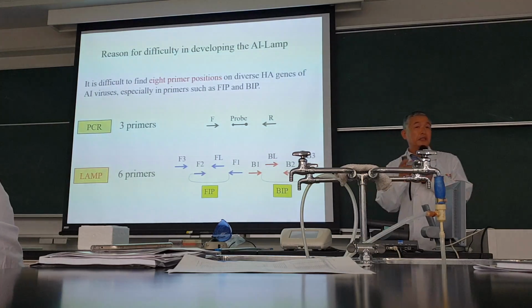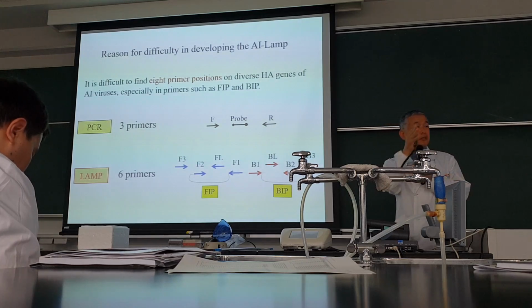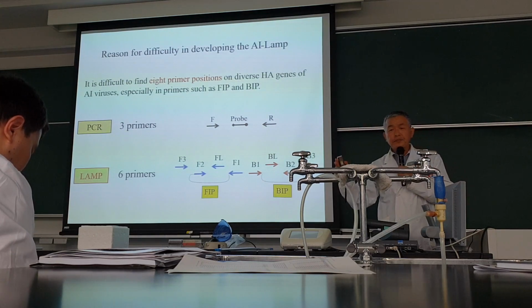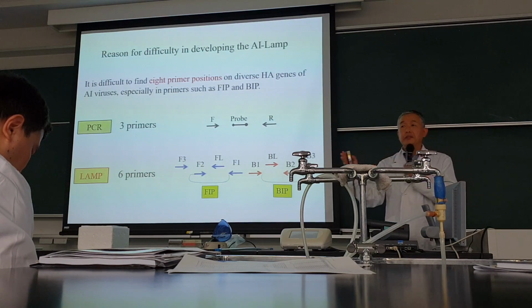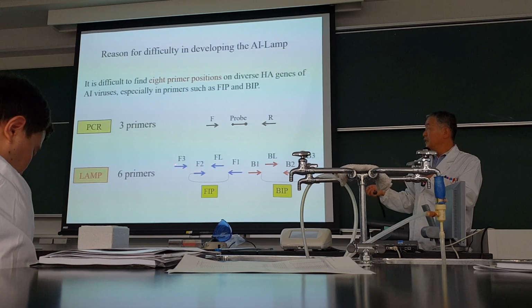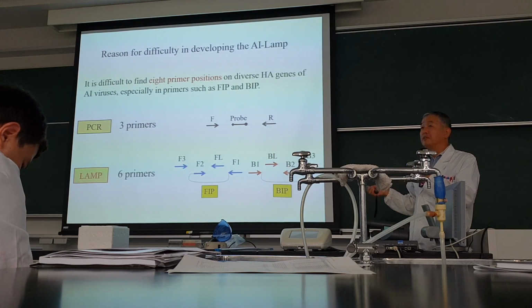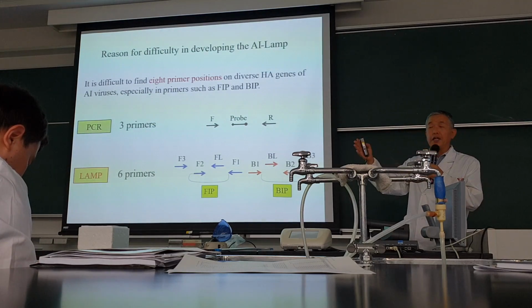So when we imagine the sequence variation within 200 nucleotides, it is usually difficult to find 8 conserved regions in such a small area.